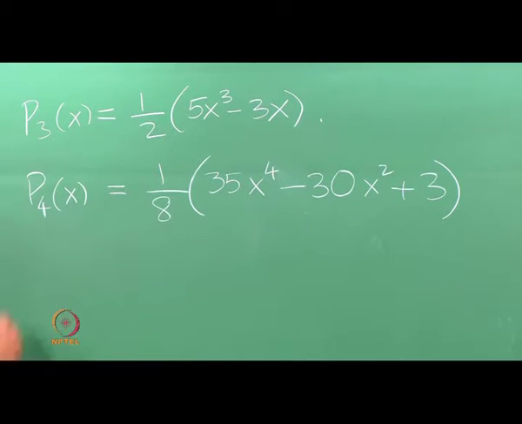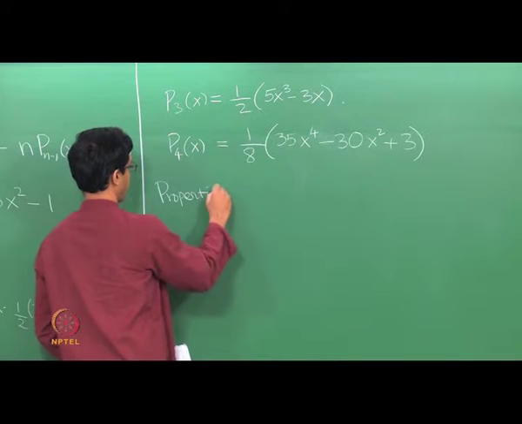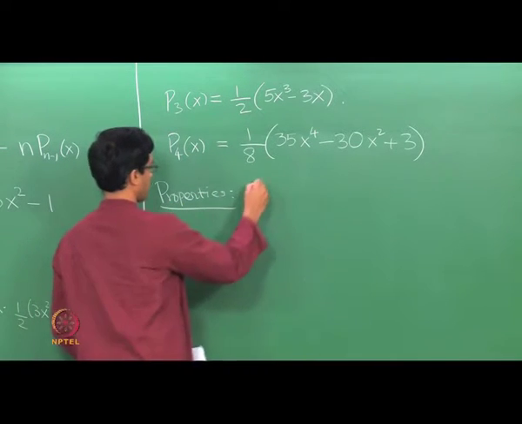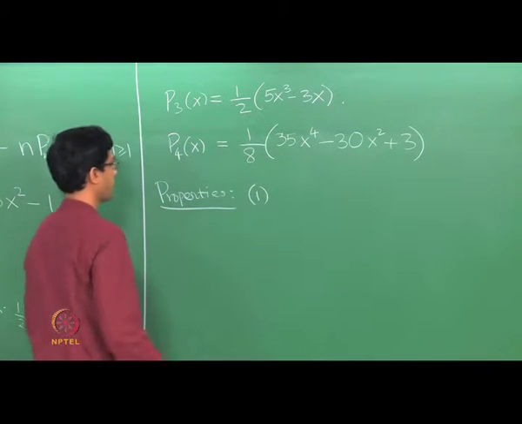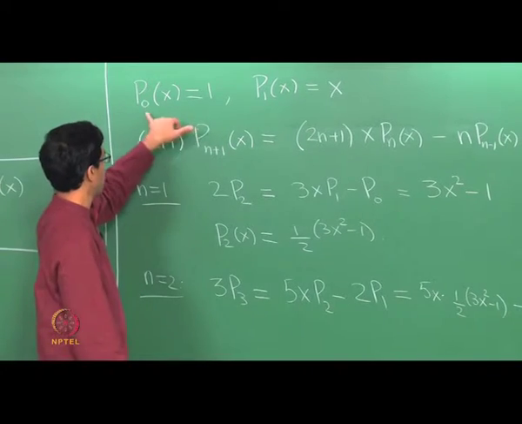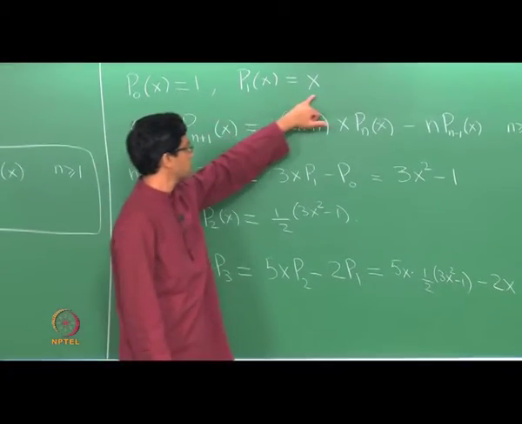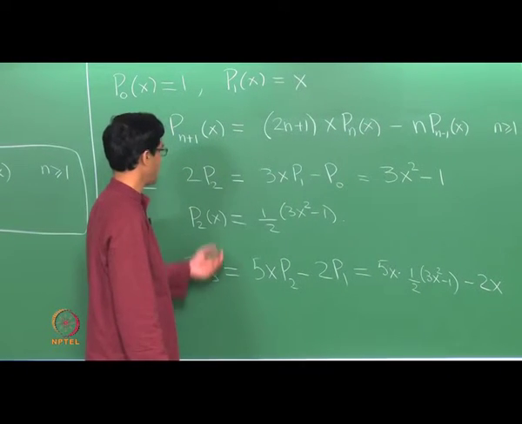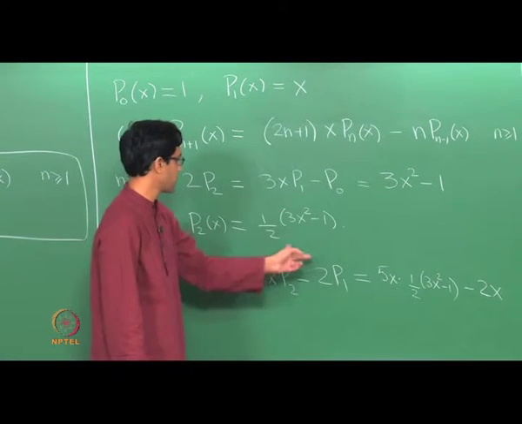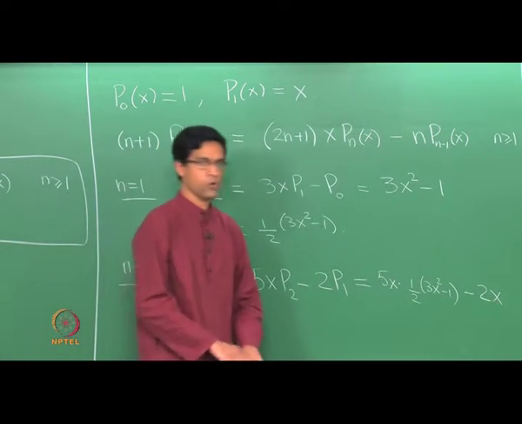Observe one key property of the Pn's which it shares with the Tn's: these are all polynomials of successively higher and higher degrees. So P0 is a constant, a degree 0 polynomial. P1 is x, which is a degree 1 polynomial. P2 is 3x squared minus 1 by 2, a degree 2 fellow. P3 is degree 3, P4 is degree 4, and so on.